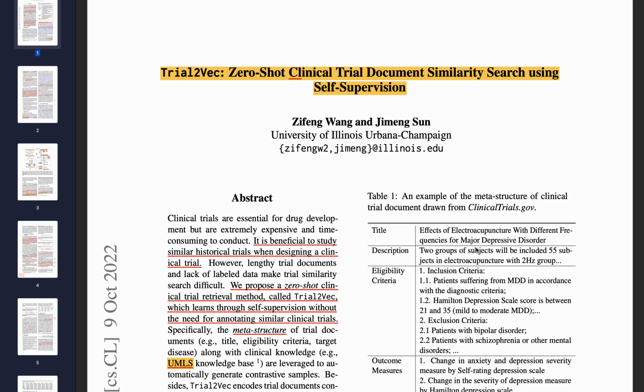A part of that is looking at other similar trials to understand what is the standard or draw some inspiration, which is why this problem becomes critically important. If we can find a trial or set of trials similar to what we are trying to do, then it does help us significantly.